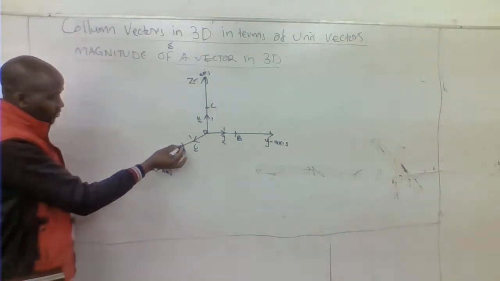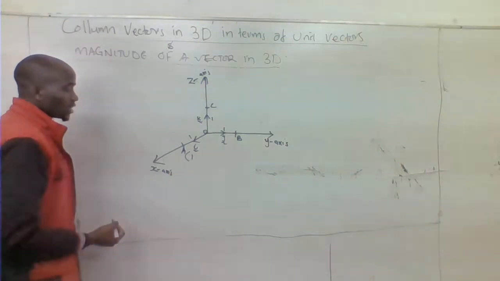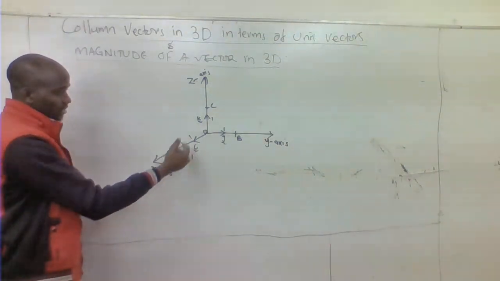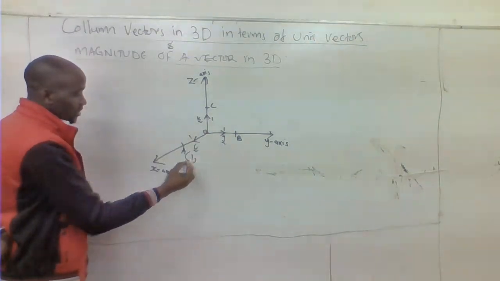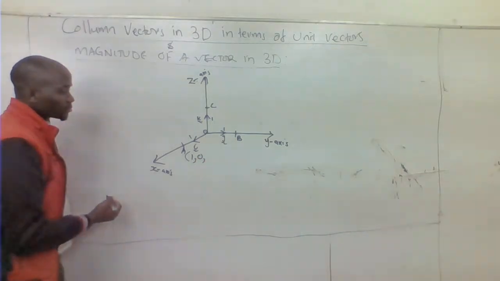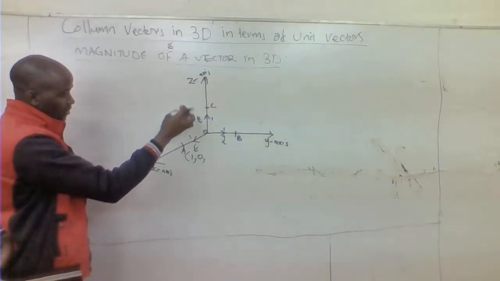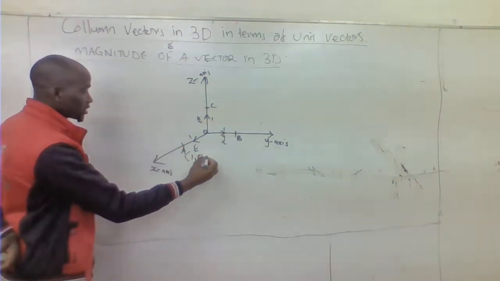So the coordinate of A will be 1, representing displacement along the x-axis from the origin. Then displacement along the y-axis of this point will be 0, and displacement along the z-axis will still be 0.